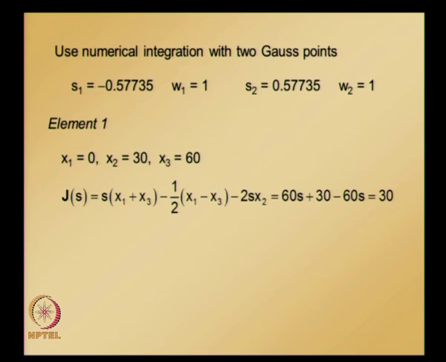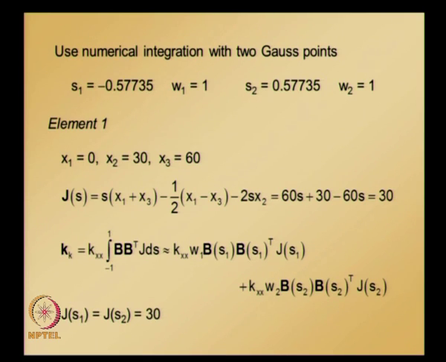And now to evaluate the integral kk, please note that kxx, the coefficient of thermal conductivity, is constant. So it is taken out of the integral and we need to evaluate the integral from -1 to 1 of B transpose B J ds, and that can be evaluated using one dimensional numerical integration by selecting two Gauss points.